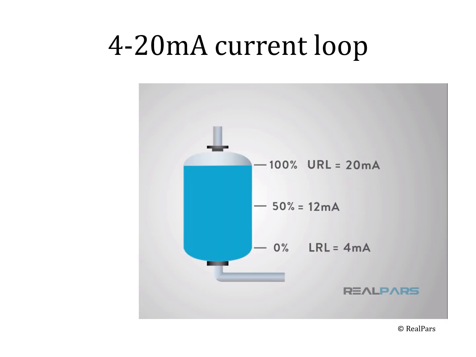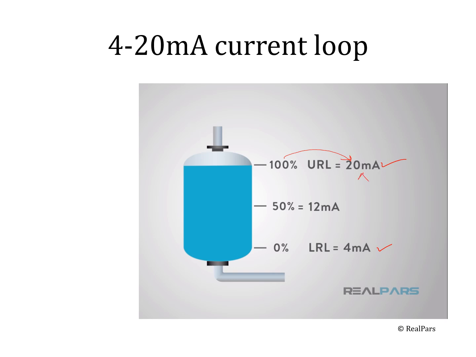Suppose we have a process where the water level or a liquid level is rising from 0% to 100%. As per the 4 to 20 milliampere current loop, the transmitter or transducer attached to this level will give us an output from 4 milliampere to 20 milliampere. When the level is at 0%, the lowest reference level, its current will be 4 milliampere, and the maximum level corresponds to 20 milliampere.